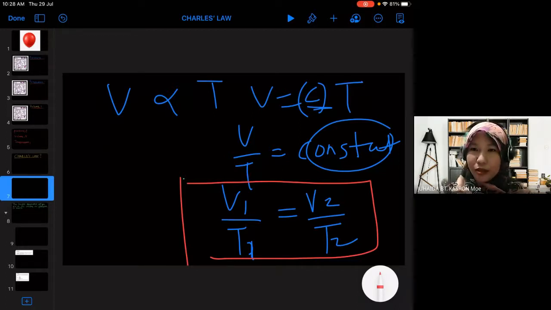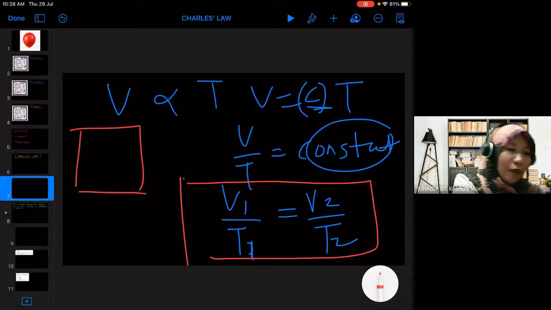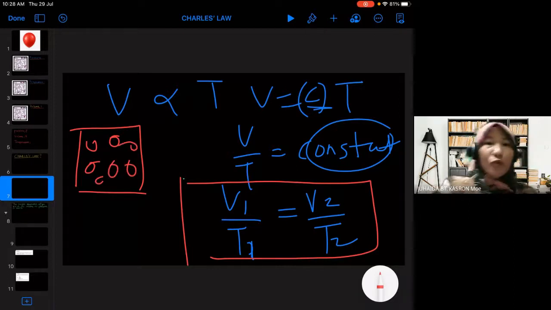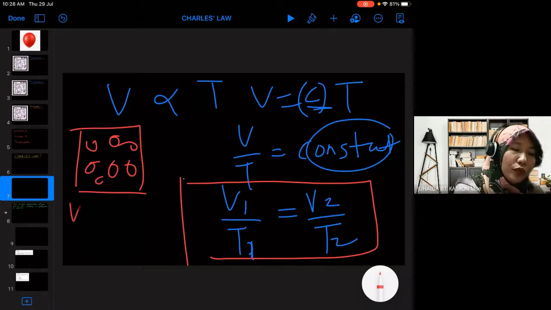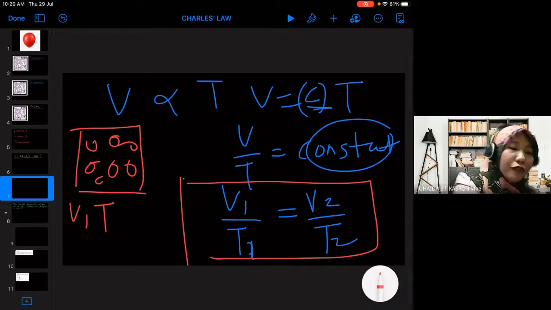Let's say we have a box here, and inside the box are the particles of gas. We want to investigate the volume and the temperature. You don't worry about the pressure. The pressure constant means that you cannot use it in the formula, because you have to maintain the pressure here.